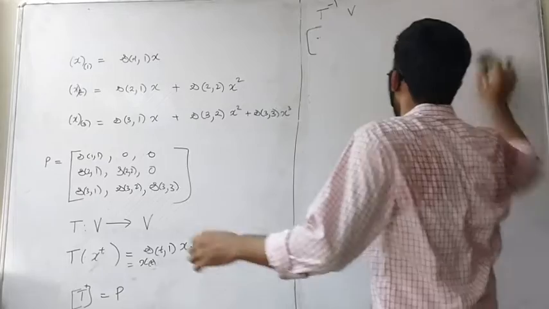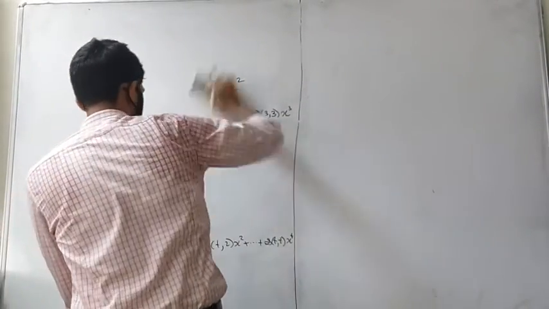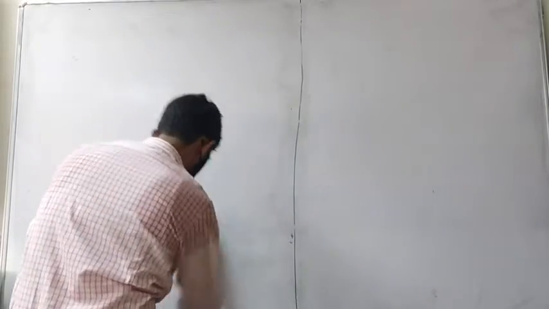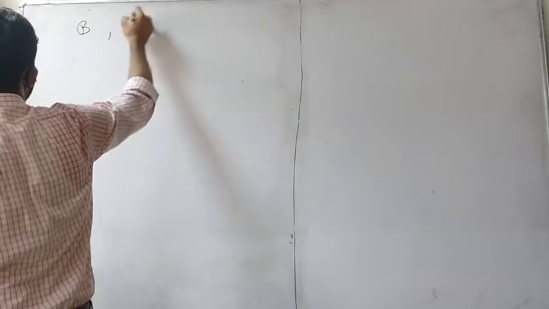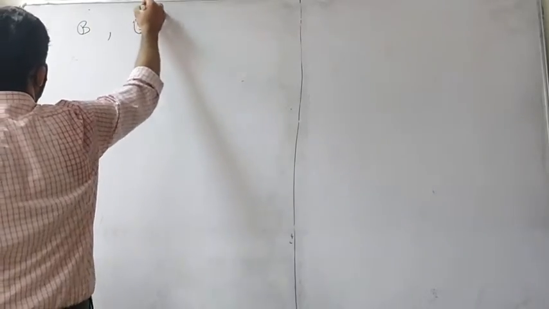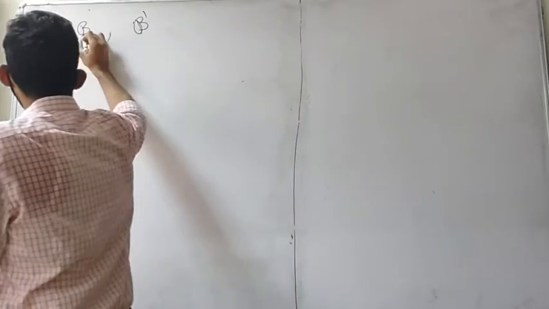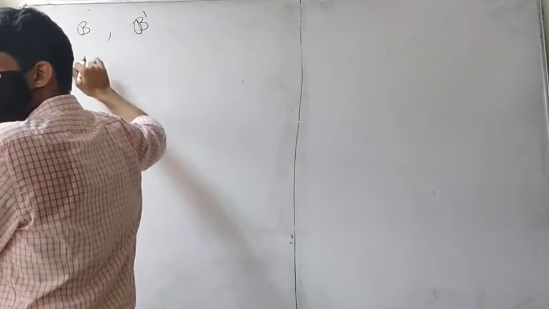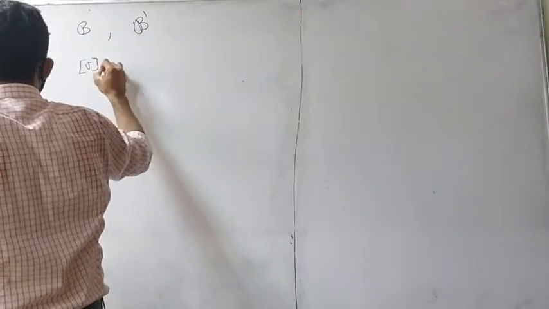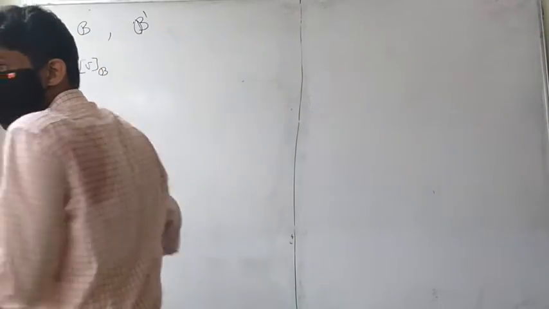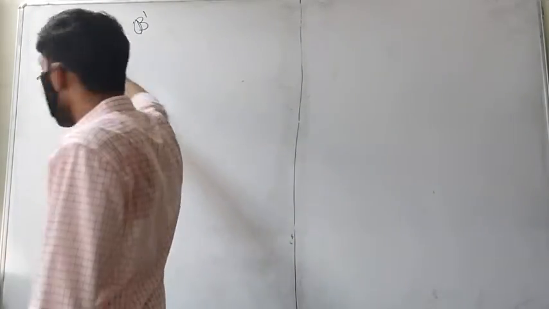Let's have a look at it again. See, if I have two bases B and B prime, and you have a vector with respect to this basis, that means you are writing this vector as a linear sum of these basis elements. We know that every vector can be written uniquely as a linear sum of basis elements, right?